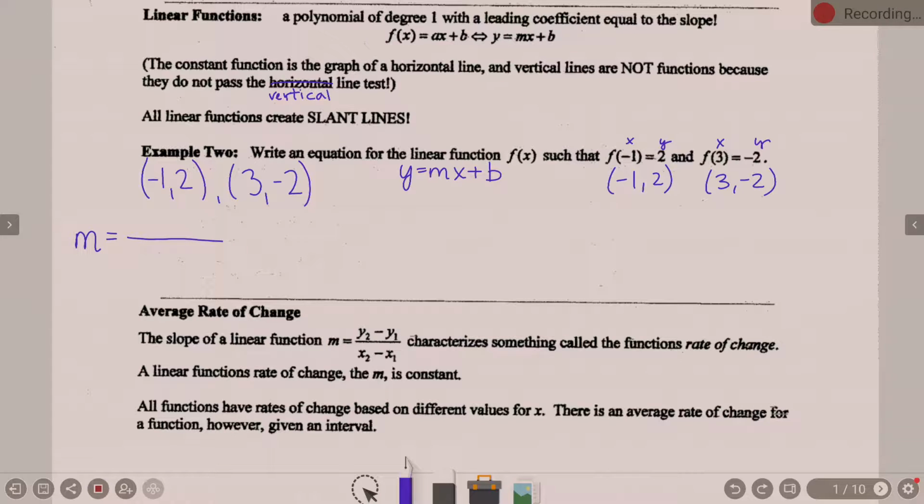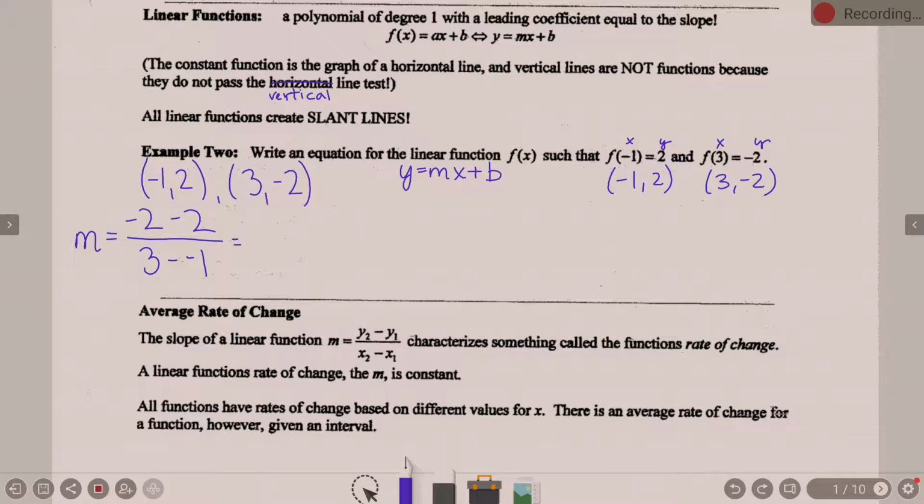Did you do negative 2 minus 2 or 2 minus negative 2? You do negative 2 minus 2. If I do negative 2 minus 2, what must I do on bottom? 3 minus negative 1.